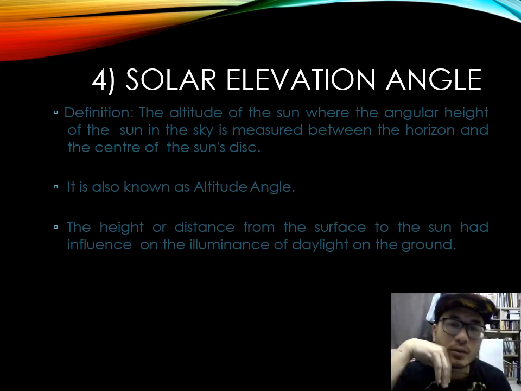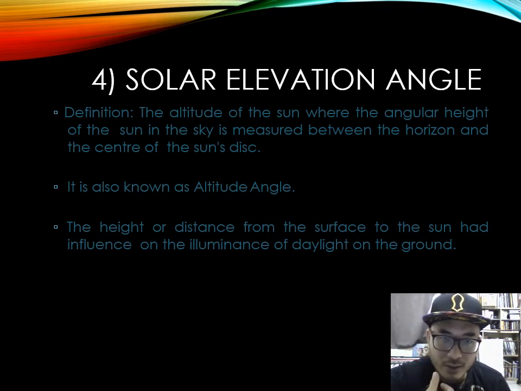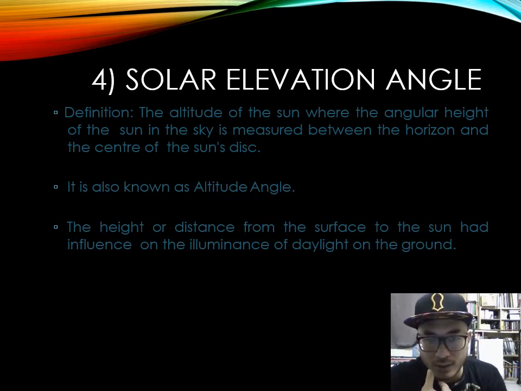It is also known as the altitude angle. The height or distance from the surface to the sun has an influence on the illuminance of daylight on the ground.